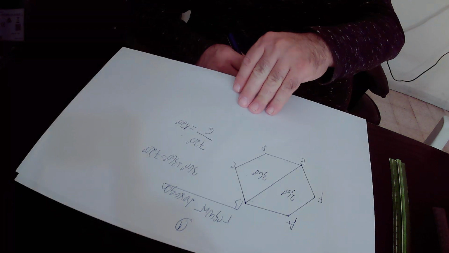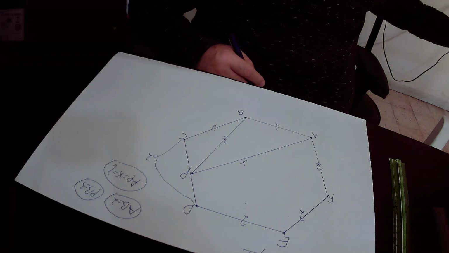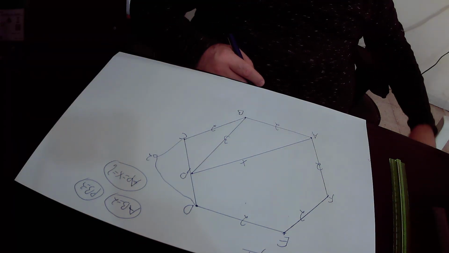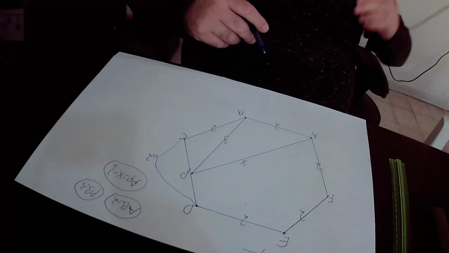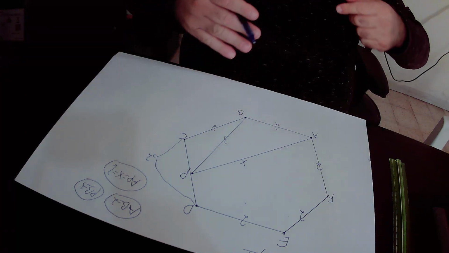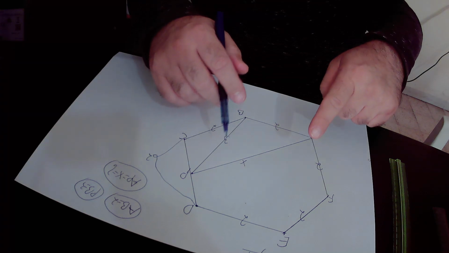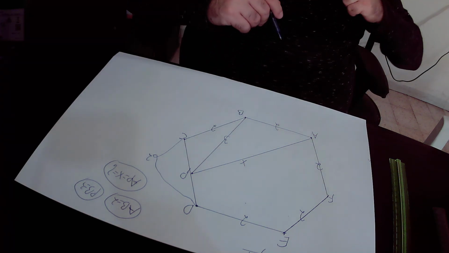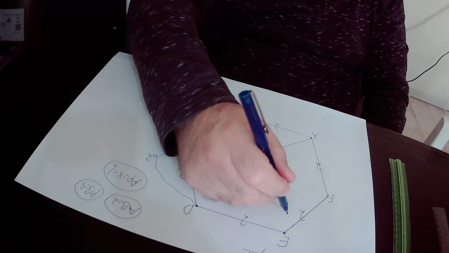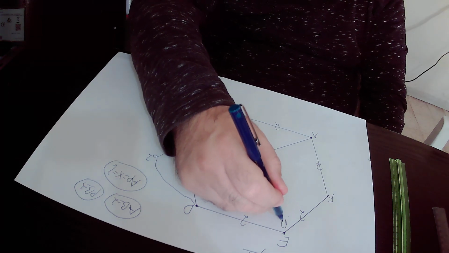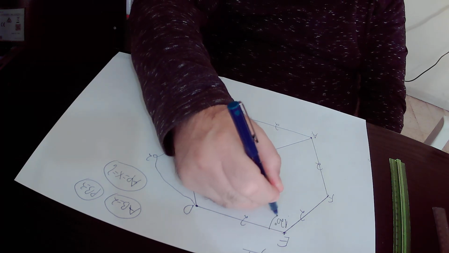Okay. So each interior angle out of the 6 interior angles of this regular hexagon will be equal to 120 degrees in its size. So this angle equals 120 degrees.